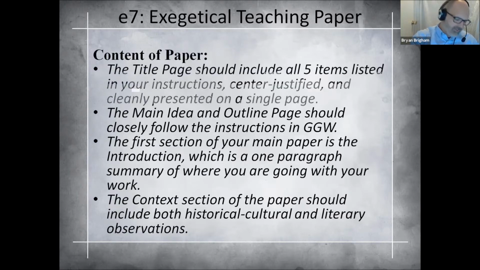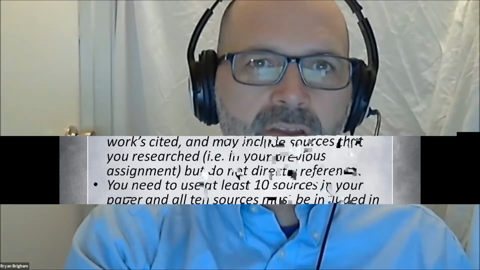The content of the paper: the title page should include all 5 items listed in your instructions, center justified, and cleanly presented on a single page. I have given you a sample document for this as well.